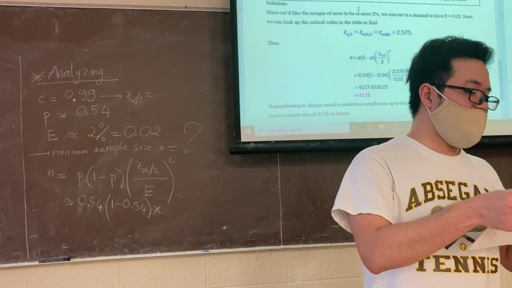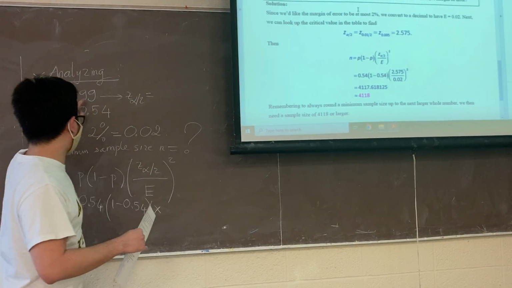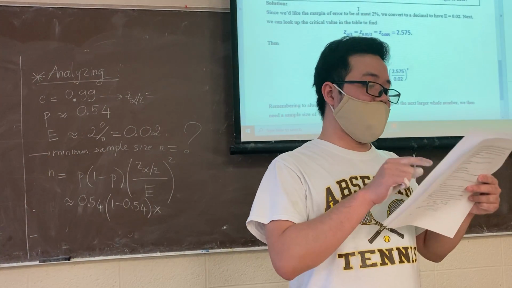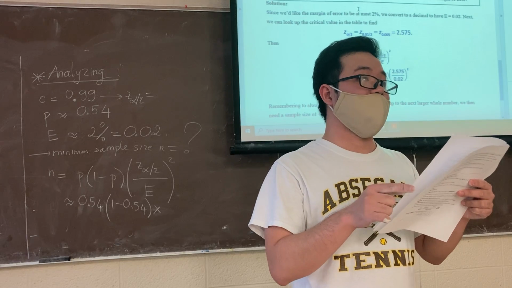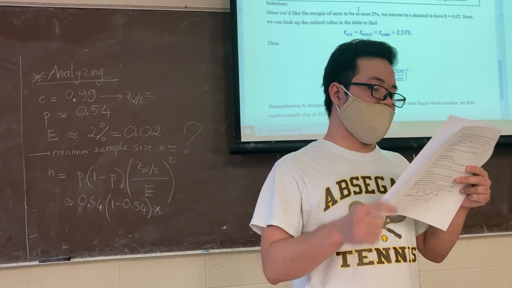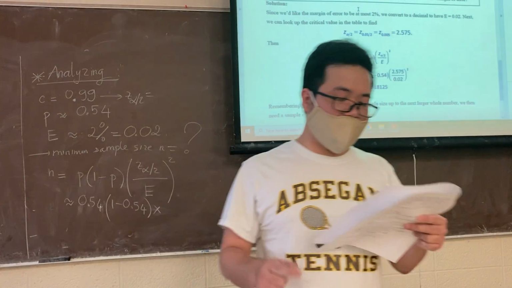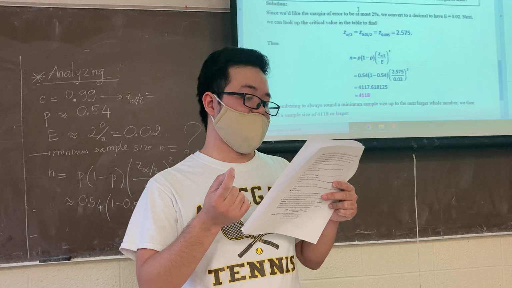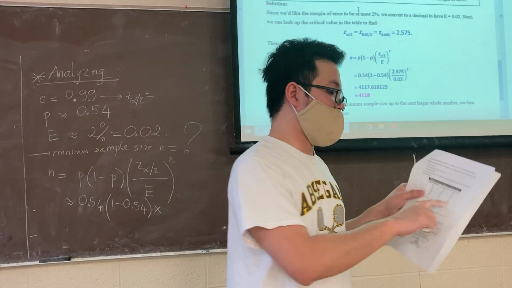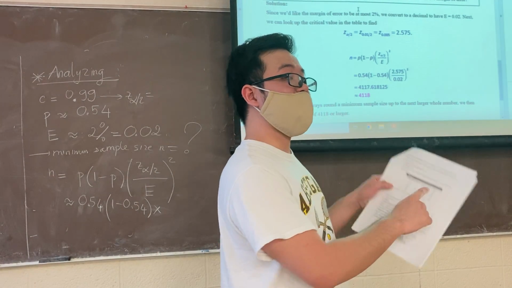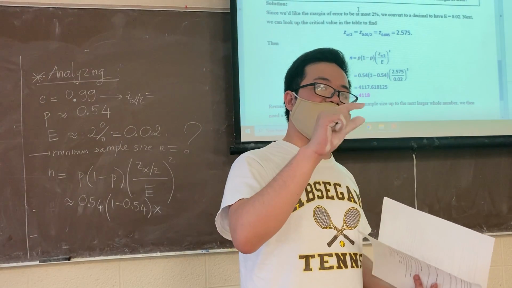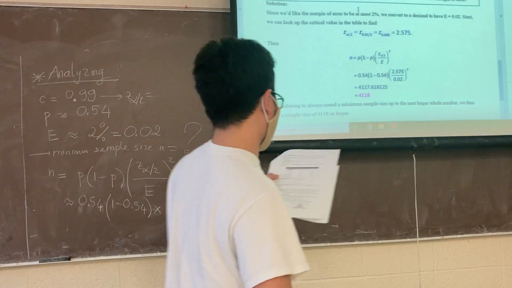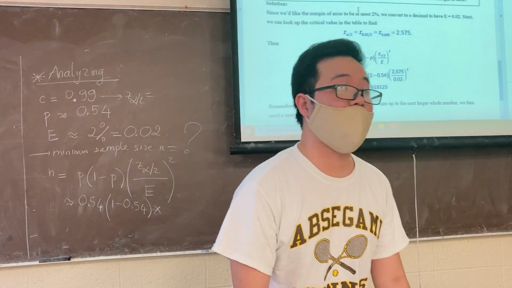So I ask you, if we have the level of confidence here is 0.99, could you tell me what is the critical value z here by using table 8.1? 2.6. Okay. But please don't round the critical value. Keep it like this. If you round it, you may get an answer that is not exact. So keep the value here. What's your name? Is it Thomas, right?